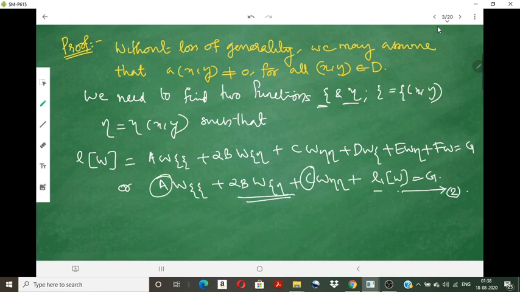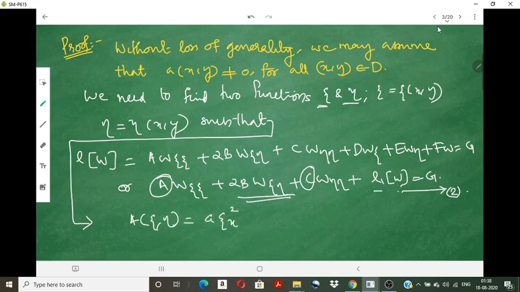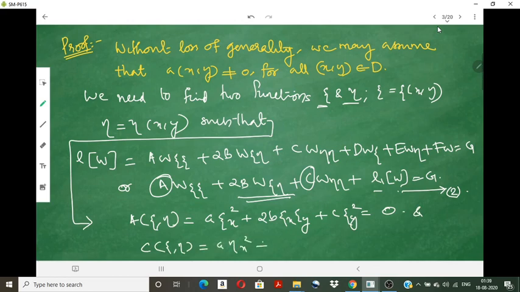So we need to find two functions eta and theta such that A of theta eta, which is A theta x square plus 2b theta x theta y plus c theta y square, must be equal to 0, and the second coefficient C of theta eta, which is A eta x square plus 2b eta x eta y plus c eta y square, must be equal to 0.